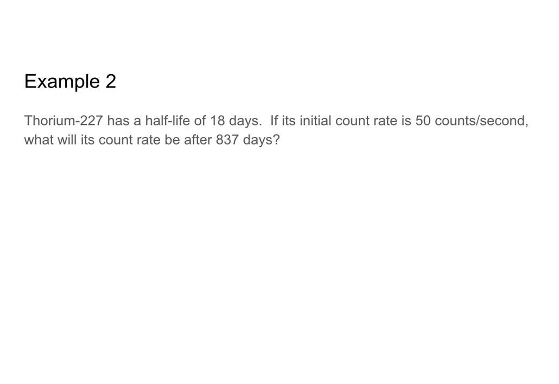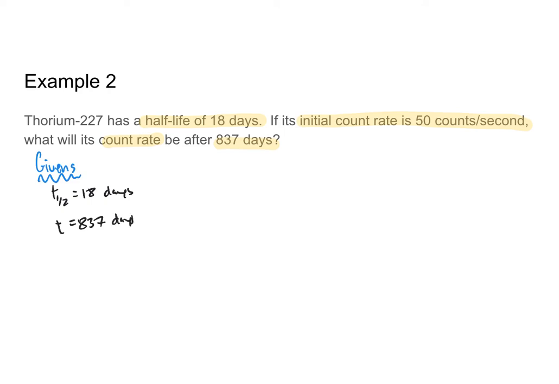Okay, so that brings us to a second question. Thorium-227 has a half-life still of 18 days. If its initial count rate is 50 counts per second, what will its count rate be after 837 days? So again, my givens are just about the same as last time. I know that my half-life is 18 days, and the time that has elapsed is 837 days.